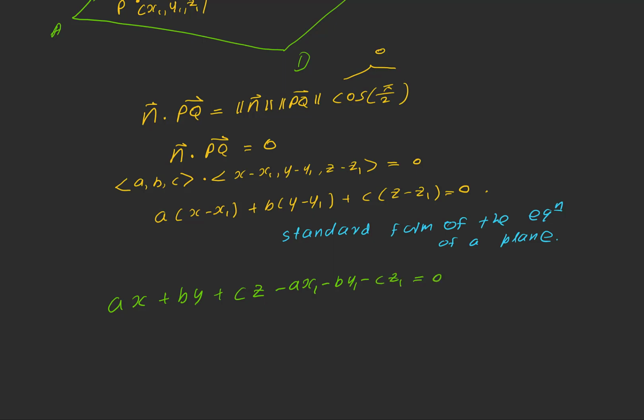By regrouping terms, we obtain ax plus by plus cz plus d equals 0, where d is negative ax1 plus by1 plus cz1.